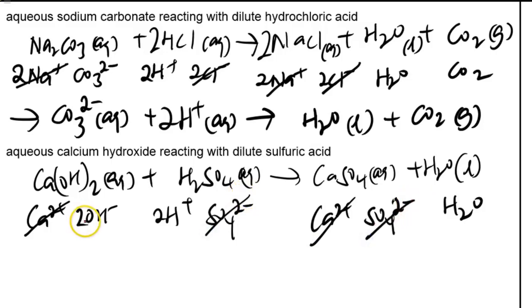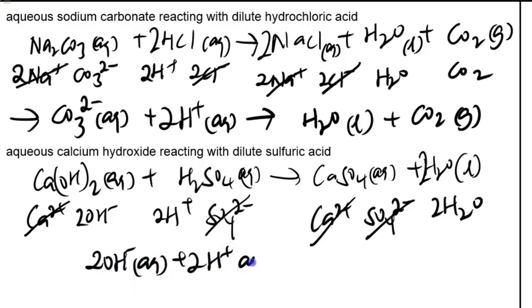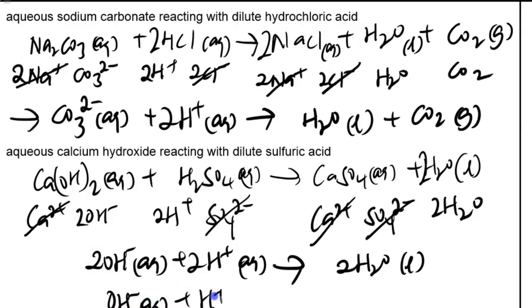What we have left is simply this equation here: 2OH minus aq plus 2H plus aq, giving us 2H2O liquid. So we balance it. It's 2, 2, 2. We cancel out, so we are left with OH minus aq plus H plus aq, giving us H2O liquid.